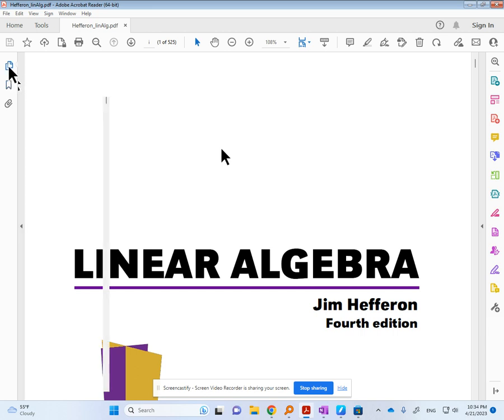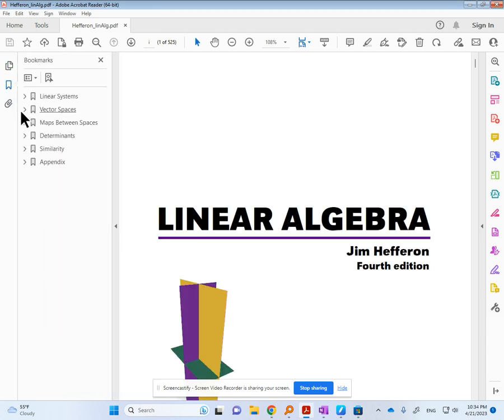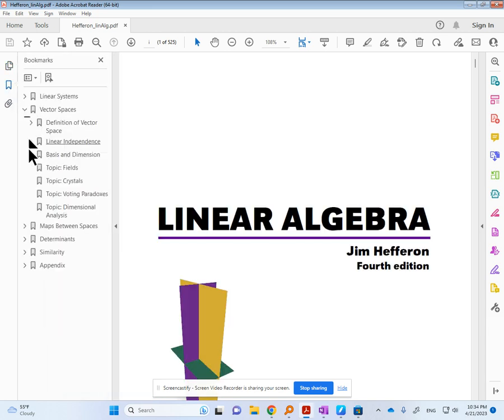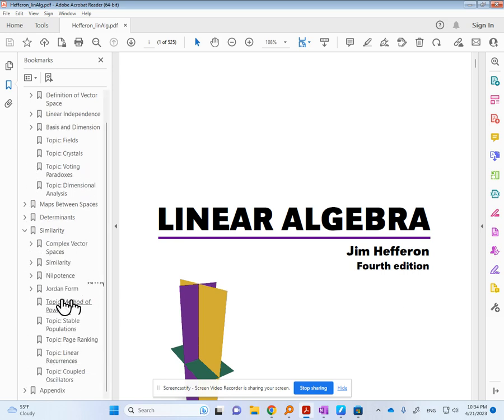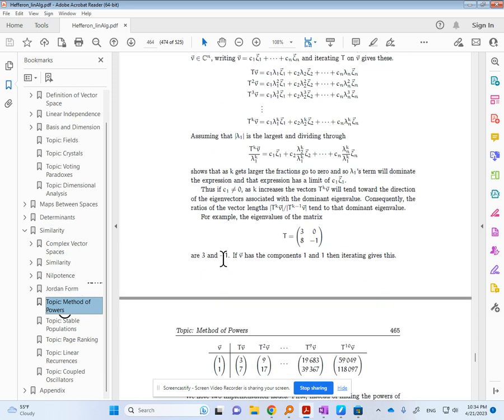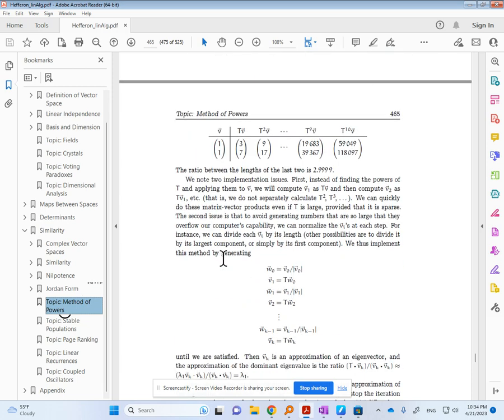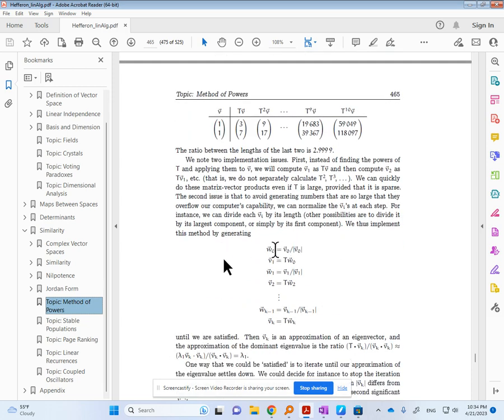All right. So that's why you do this process. Here we have this. Sorry, it's not there. We're here. It's similarity, and we're doing the method of powers. That's why you're doing this process of taking the vector, making it a unit. So you're always taking T times the vector and then dividing it by its norm.